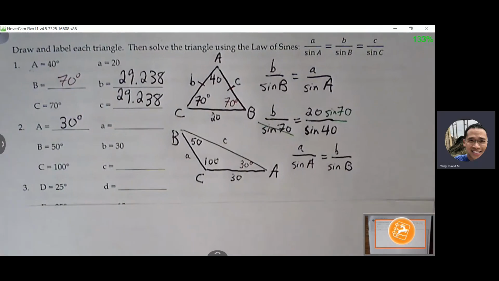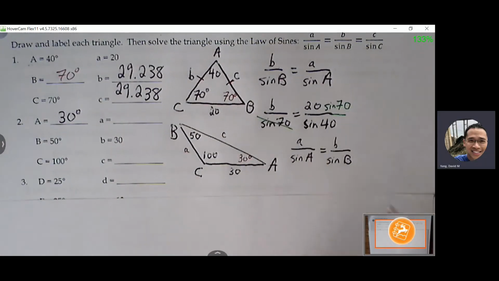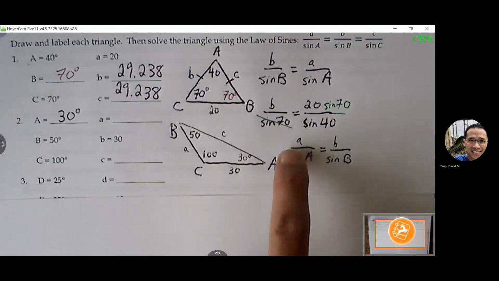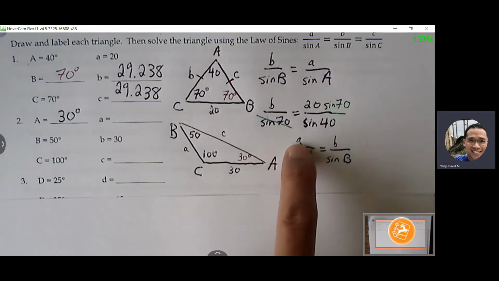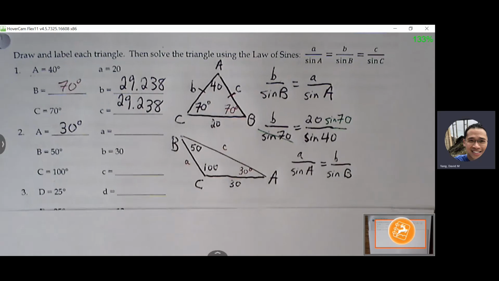I'm setting everything up, but you guys can just jump directly into filling that in. You should be able to get that A being the only variable sitting there, and then just shift that sine A to the right.